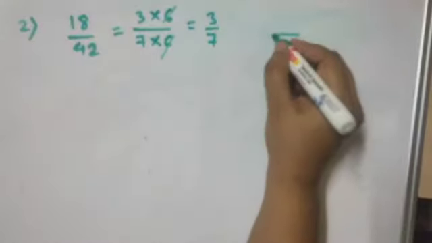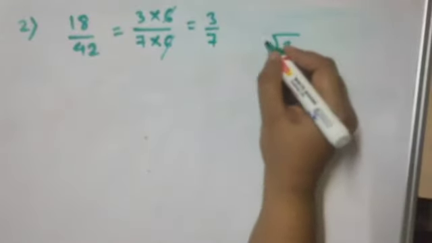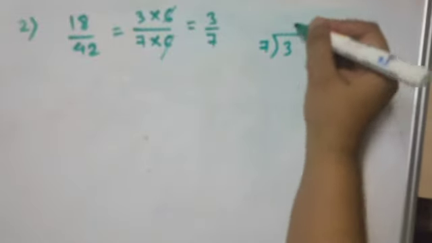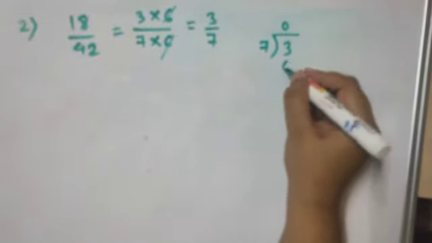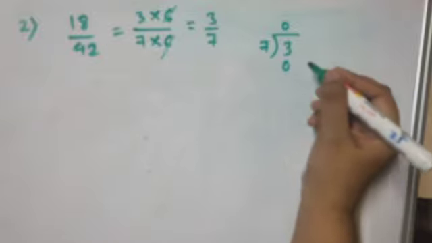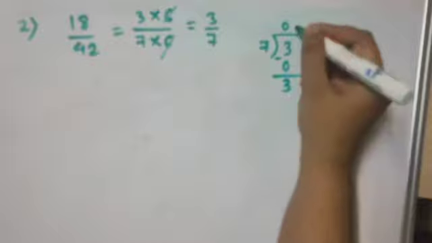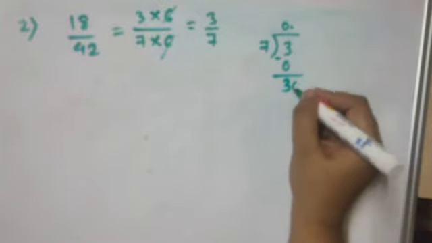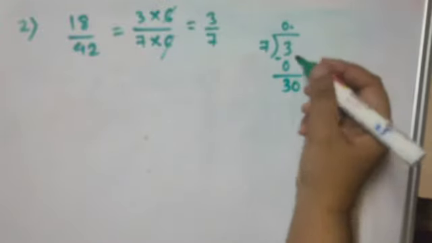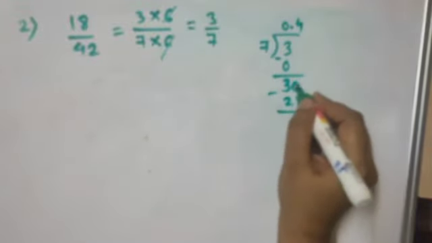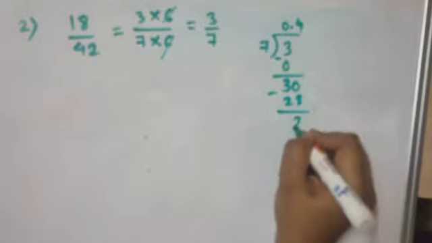So you have to divide 3 by 7. 0. 3 minus 0, 3. We will take the point here, 0. 7 4s are 28. 30 minus 28, that is 2.